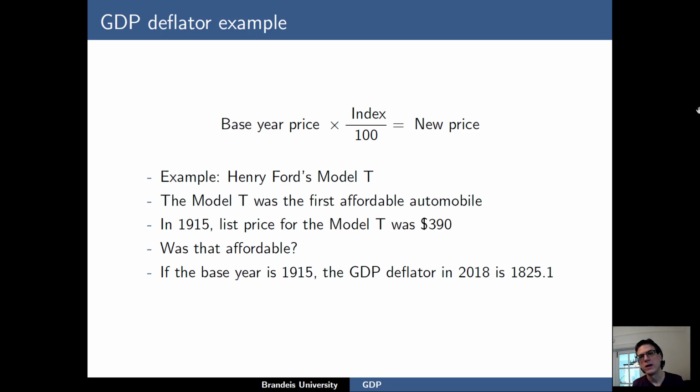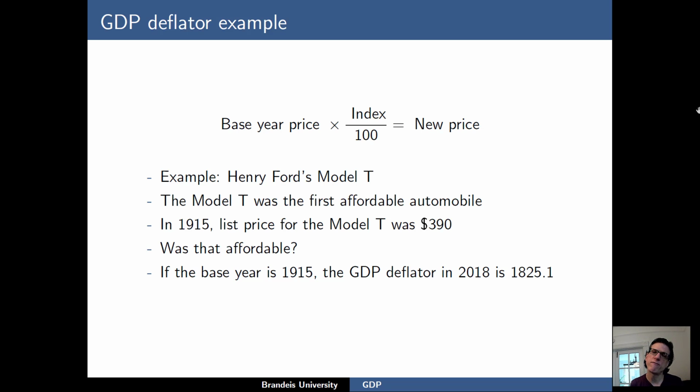Here's another example. We think about Henry Ford's Model T, the Ford Model T. It was the first affordable automobile, and in 1915, it cost $390. Now, how affordable was $390? It's hard for us to tell. It's not equal to $390 today because the value of a dollar back then is very different than the value of a dollar today. Something we'll find out in our inflation video coming up soon.